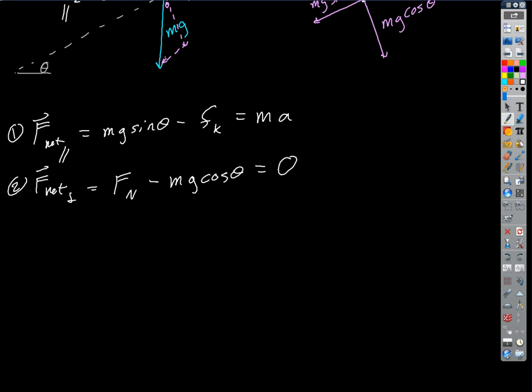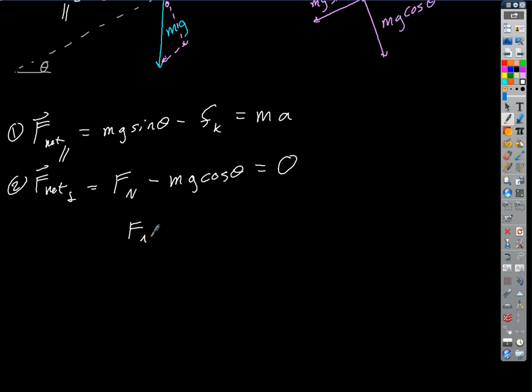And so there's our second equation of motion. Why is that one useful? What's it really telling us? They cancel each other out, true. So if I were to solve for the normal force in this case, I would just add this to the other side. So the normal force is mg cosine theta.